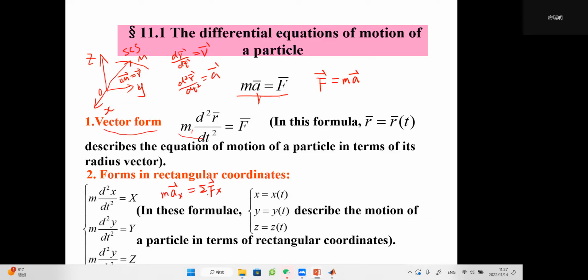Actually, we learned this from statics, from the first part of this course, when we studied a body system in the state of equilibrium, especially the plane problem. We have 3 equations to study the state of equilibrium of a body system.